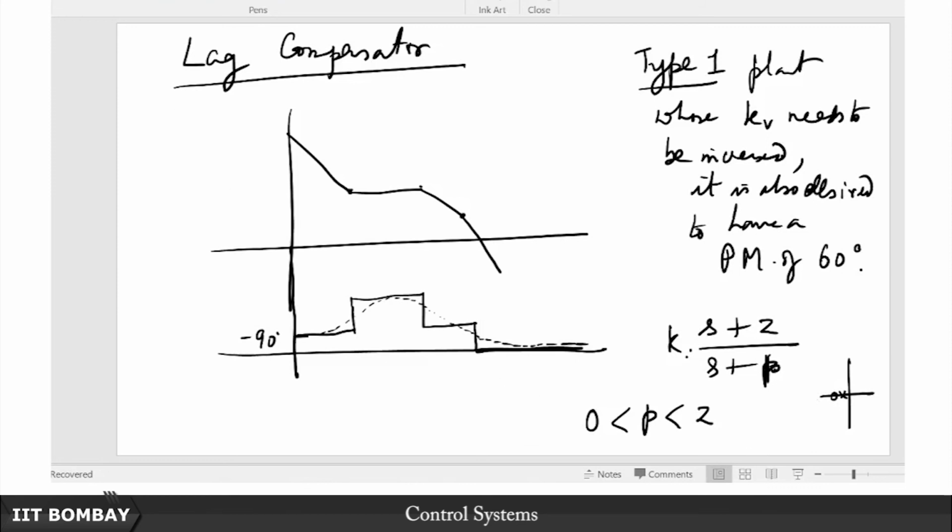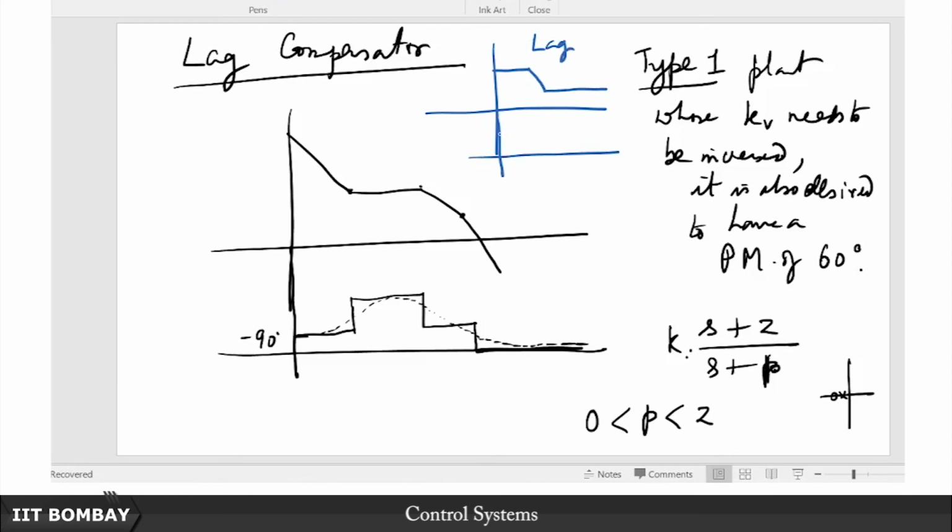Now what sort of a feature are we looking for in the lag compensator? If we draw the magnitude plot of the lag compensator, the first corner frequency you will encounter is the pole. So you will come across like this, then you will have this. This is how a typical lag compensator's magnitude plot looks. What about its phase plot?